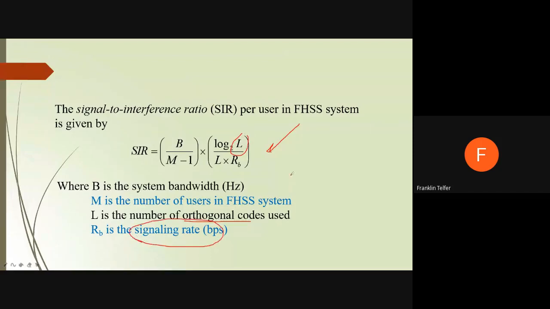The rate should be quite greater than 1, so L should also be greater than 1. All this comes from the coding sequence. You get this Rb and L, and M from the number of users allocated for the FHSS system. B is the bandwidth. So this defines the signal to interference ratio. It should be a positive value.